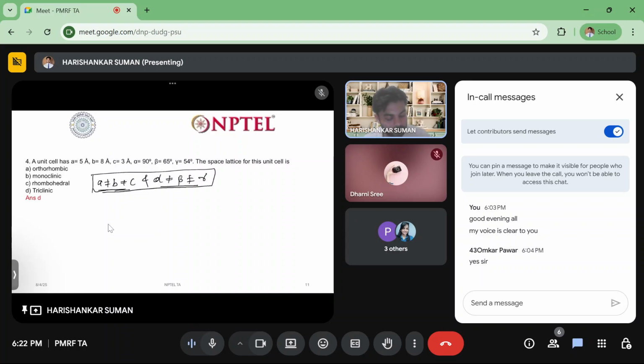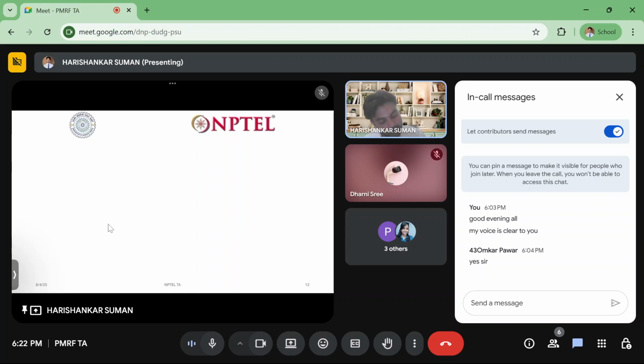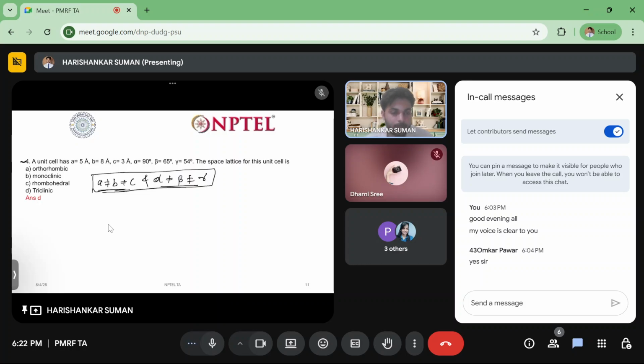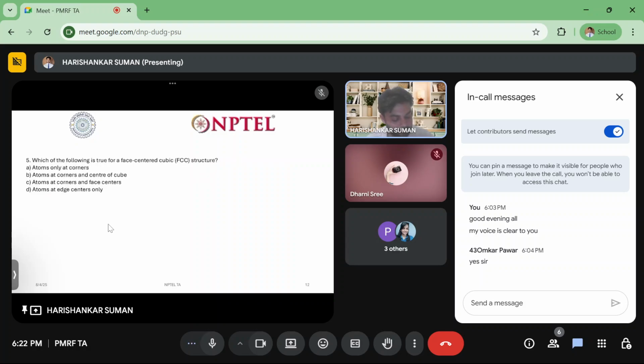So the answer is triclinic. We have already discussed this type of question in the last class. Okay. So next question. Which of the following is true for a face-centered cubic structure? FCC means face-centered cubic. Let me draw.